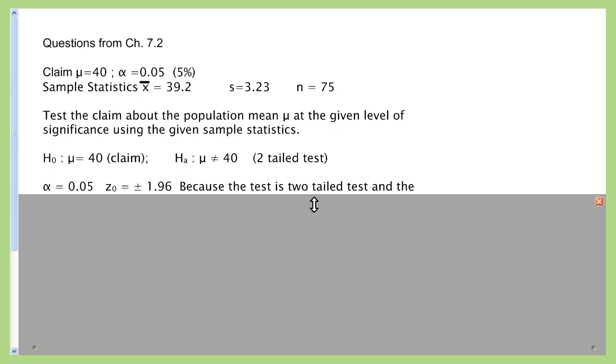So what you're going to do now is look up your z in the table in the back of the book, table 4.